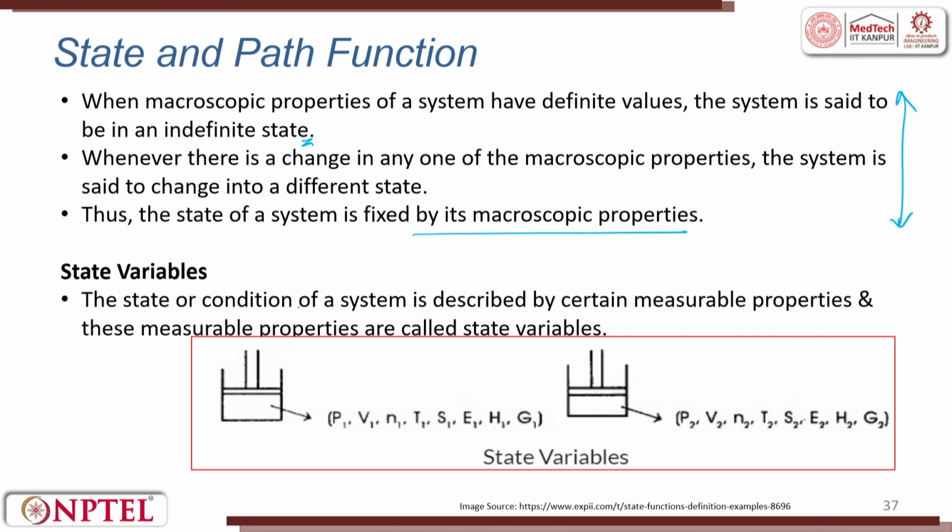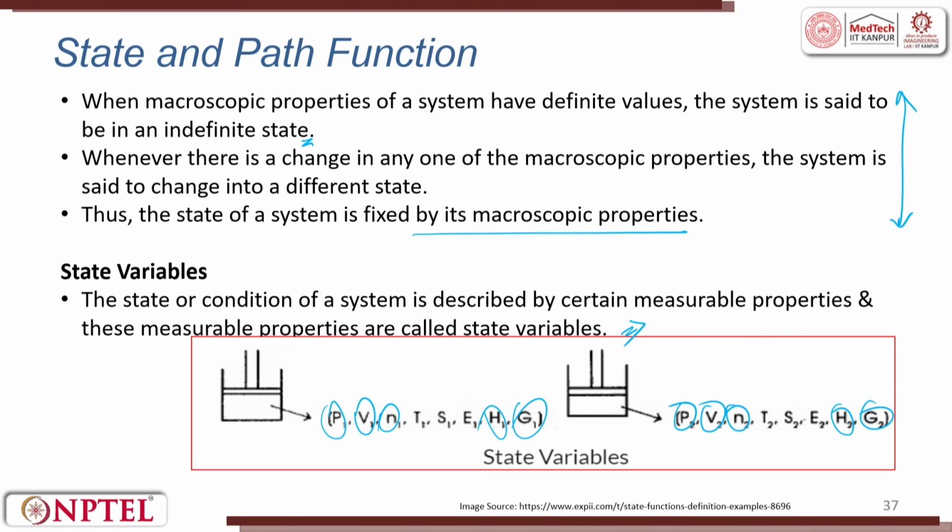The state or condition of a system is described by certain measurable properties, and these measurable properties are defined as state variables. Whichever parameter you can measure is called a state variable. Pressure, volume, temperature, enthalpy, all these things if you can measure them. So it goes from P1 to P2, V1 to V2, N1 to N2, G1 to G2, H1 to H2. So you can see all these things.